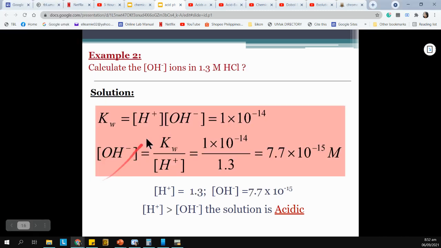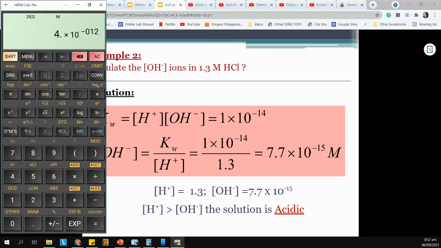This time, it's the same process, but we're going to be computing for the hydroxide given the concentration of an acid. So we'll do the same thing: the Kw divided this time by the concentration of the acid. So 1 exponent negative 14 divided by 1.3.